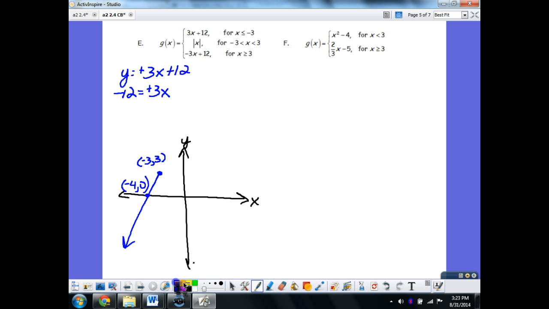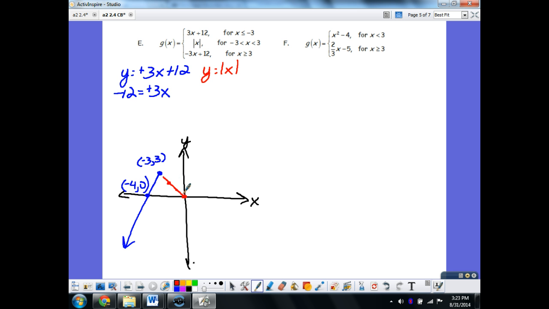The second part of the graph, we are going to graph y is equal to the absolute value of x. Okay, and -3 isn't included, but that's right there. The absolute value of -3 is 3. The absolute value of -2 is 2. The absolute value of -1 is 1. Absolute value of 0 is 0. So we have a straight line coming down like this.